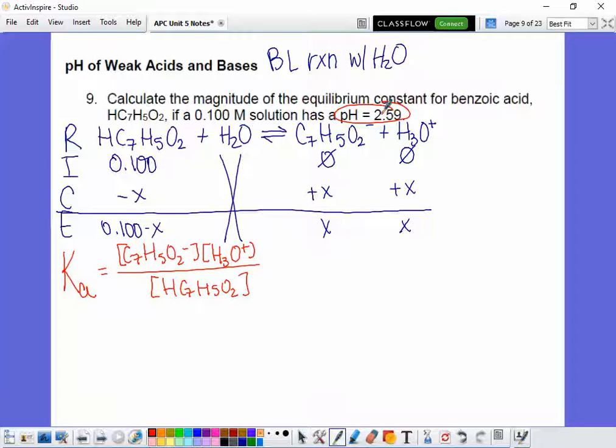So 2.59 is going to help me get to what equilibrium concentration? Is it going to help me get to the equilibrium concentration of benzoic acid, or of benzoate ion, or of H3O+ ion? H3O+ ion. pH will always help you get to H3O+ ion.